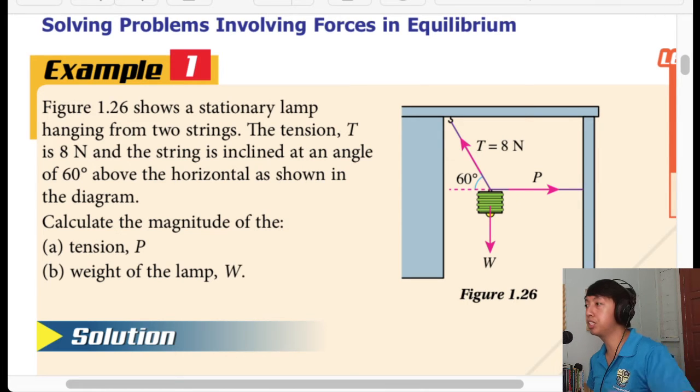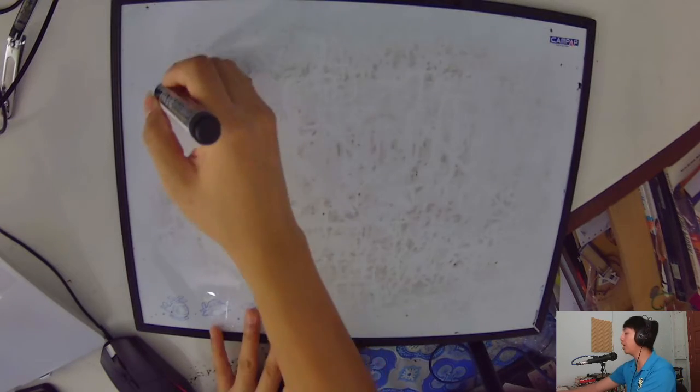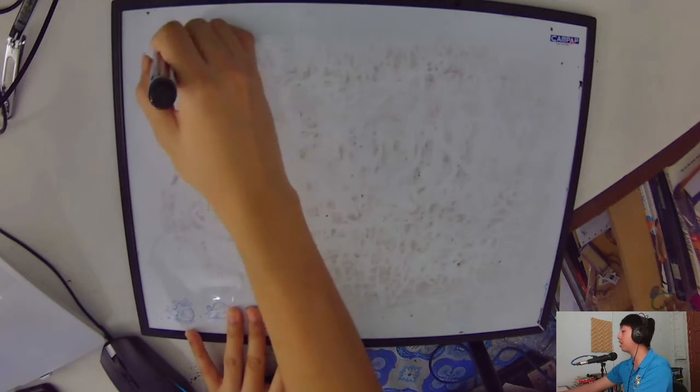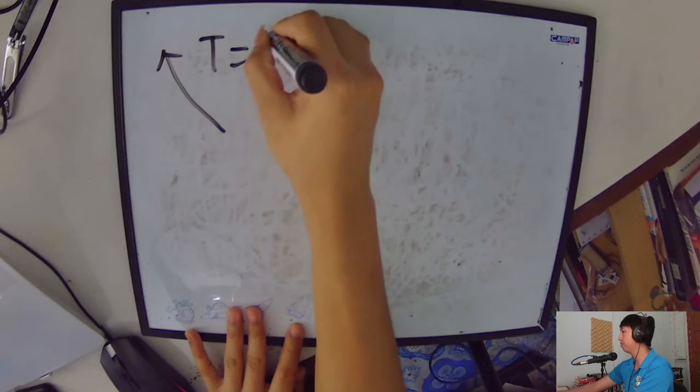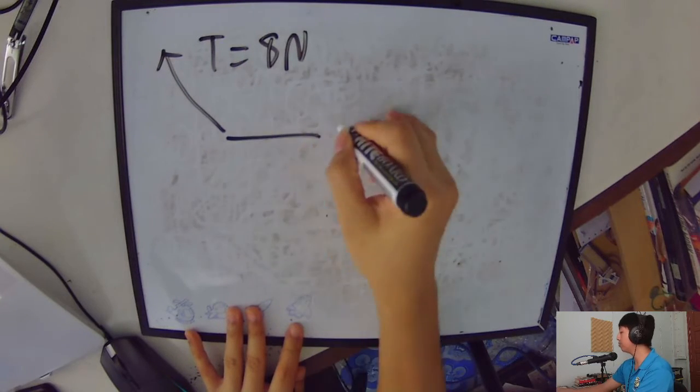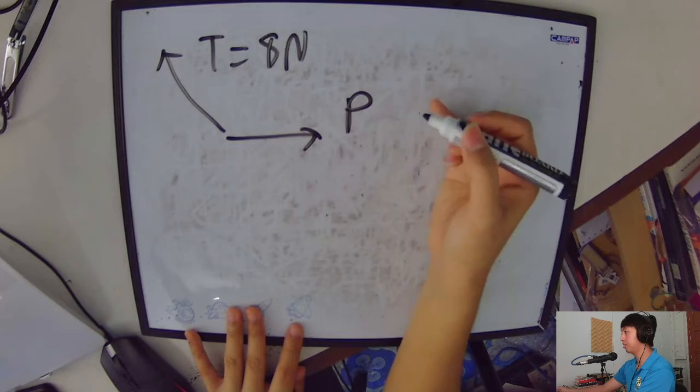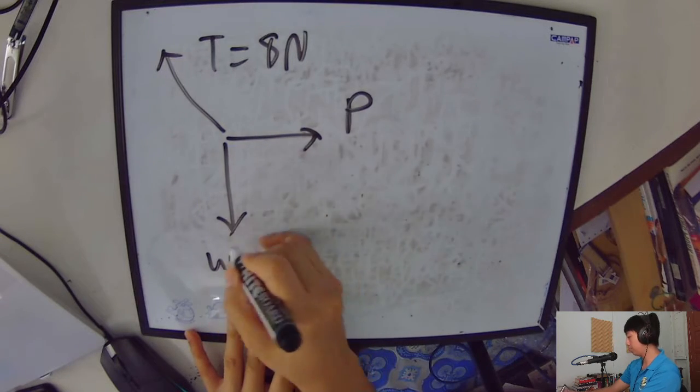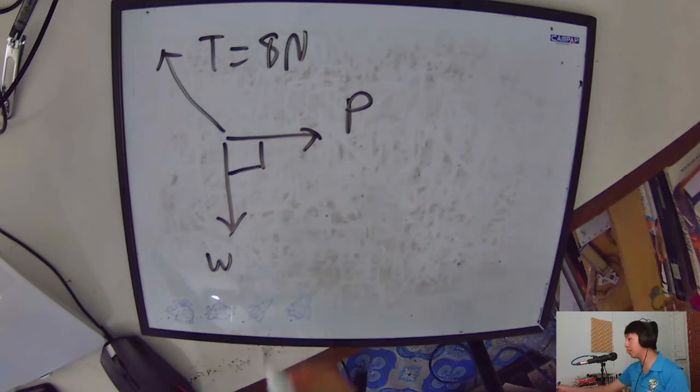So for this kind of question, if we would draw a simple diagram, 8 newtons, we have P, and we have W, and we have a right angle.